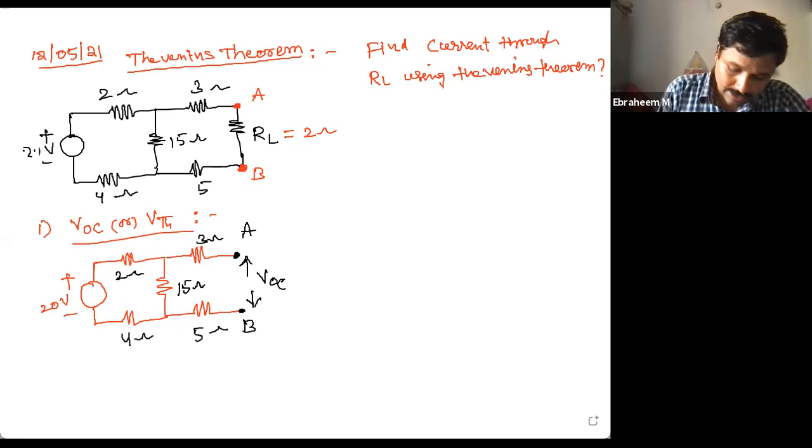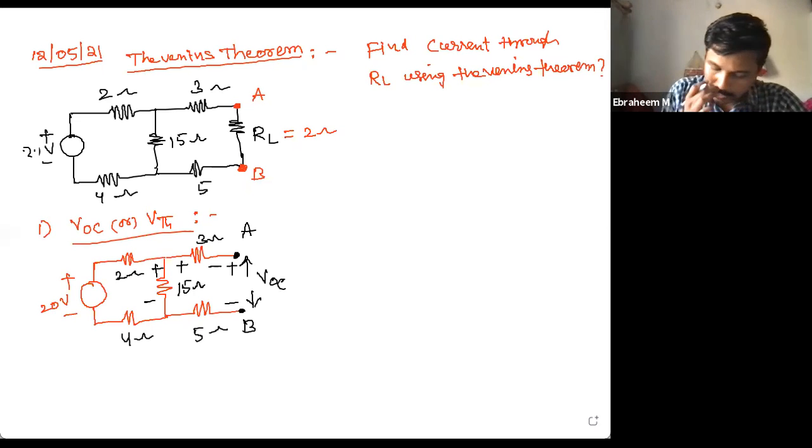So let us take the polarity like this, plus and minus. Okay. And the polarity of the voltage across these three resistors is plus and minus, and this is plus and minus, and this is plus and minus. Okay.